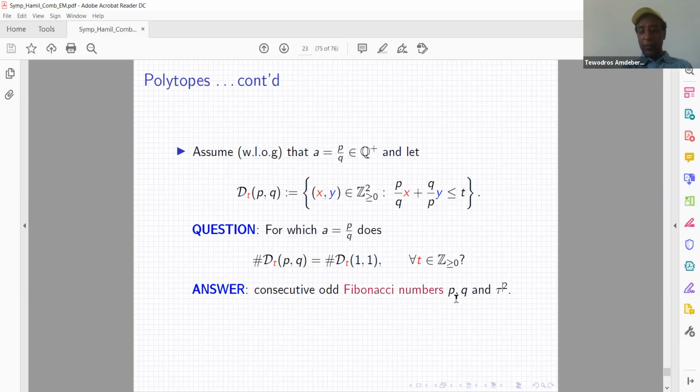So another way of looking at this: instead of P and Q, look at P over Q and 1, P over Q as one coordinate, 1 here, and then these will be their limits as the index of Fibonacci increases to infinity. So this is an irrational polytope, but it has a polynomial Ehrhart function.